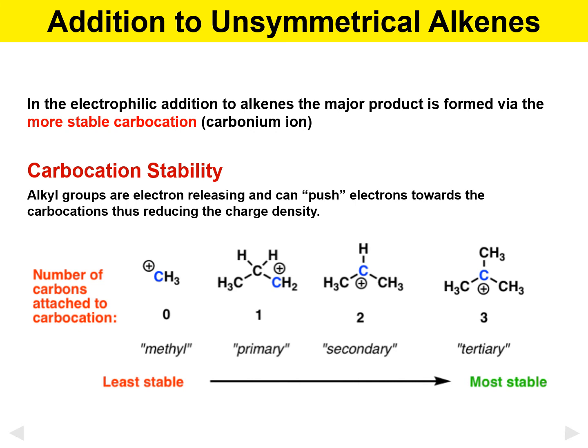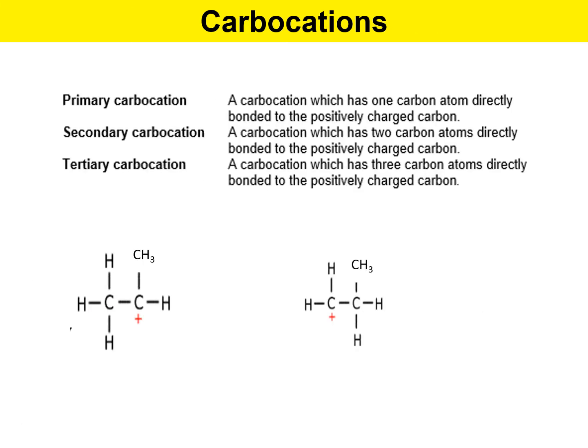Alkyl groups are electron releasing and can push electrons towards the central carbon, thus reducing the charge density, and this makes the carbocation more stable. So our tertiary carbocation is much more stable than our primary carbocation.